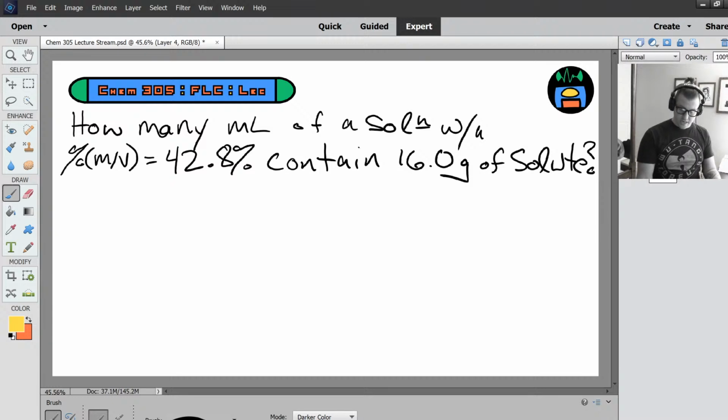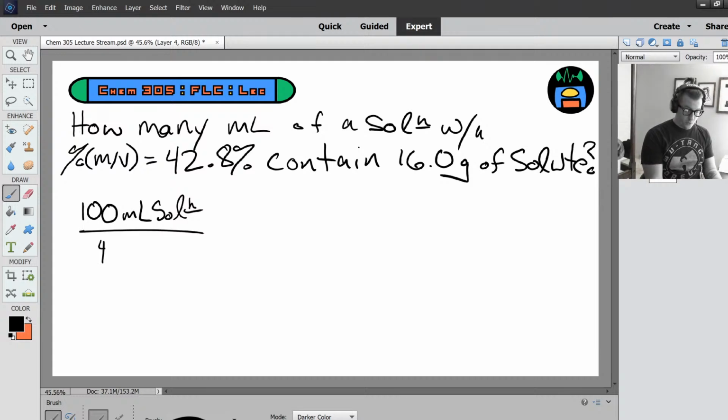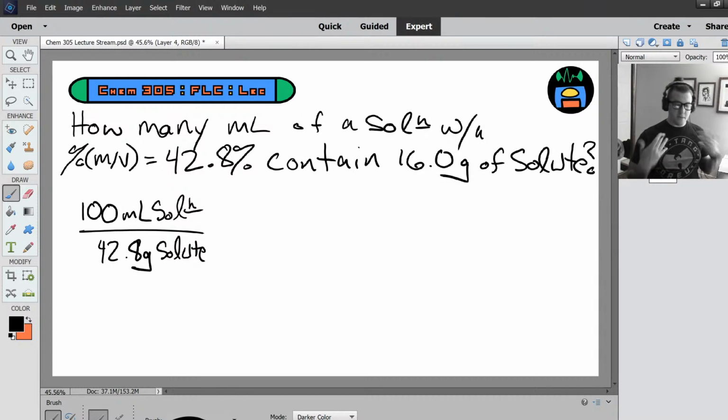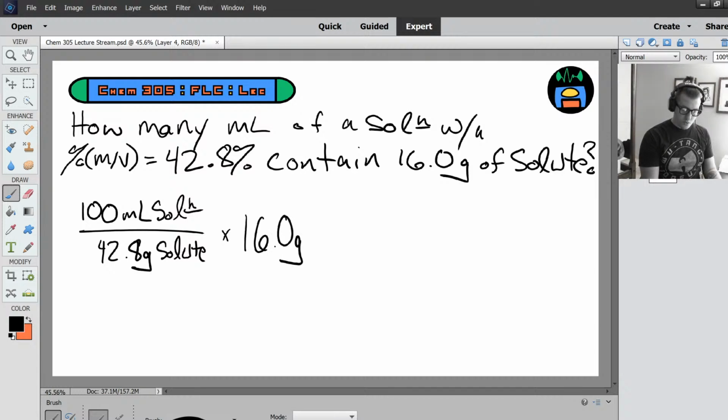Here's how. So if you write out 100 milliliters of solution over 42.8 grams of solute. This problem, they're asking us how many milliliters contain 16.0 grams of solute.